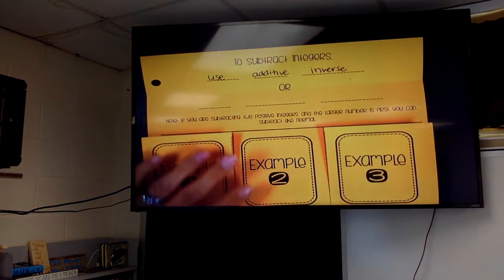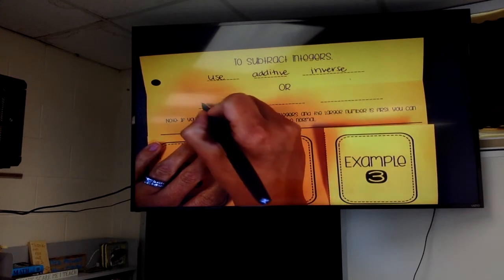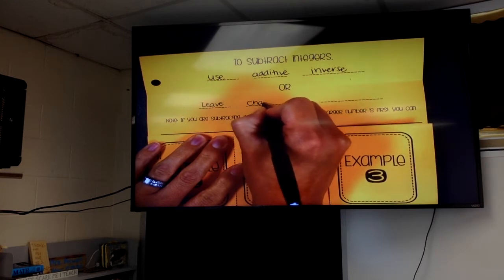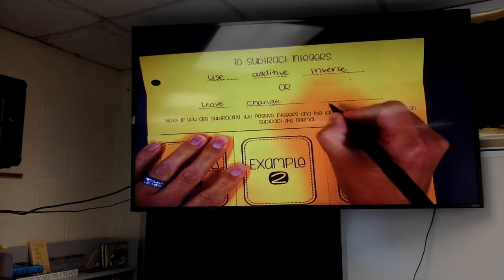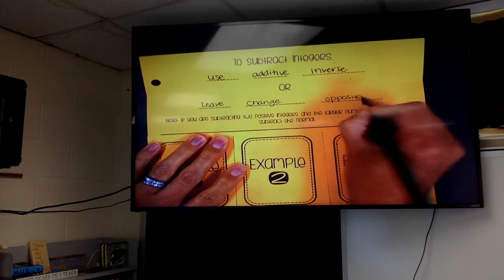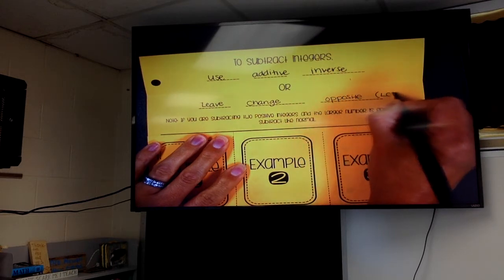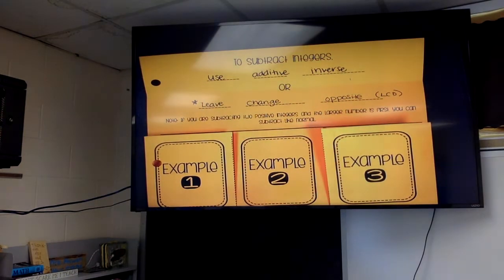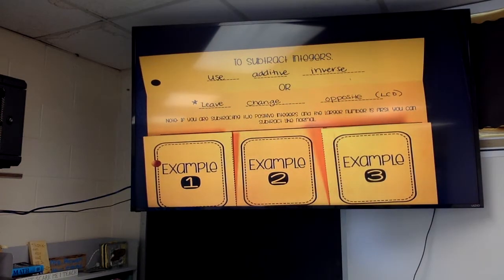And that is just fancy terms for what I will say all the time in class, which is leave, change, opposite. You'll hear me oftentimes say LCO. This is the important one. Using additive inverse is just fancy terms for leave, change, opposite. And I'll show you exactly what you need to do.